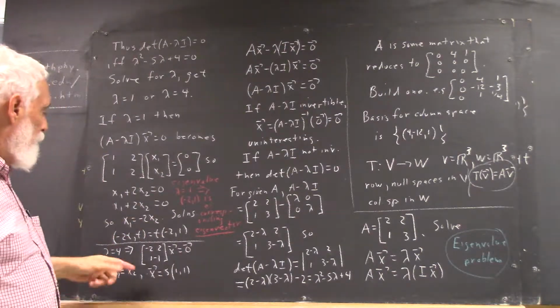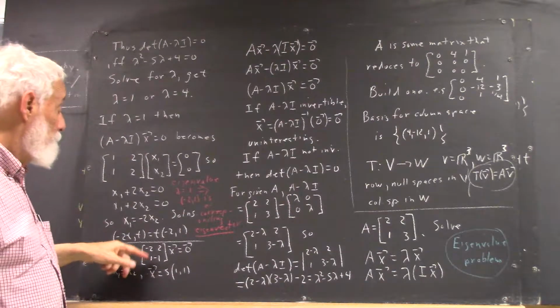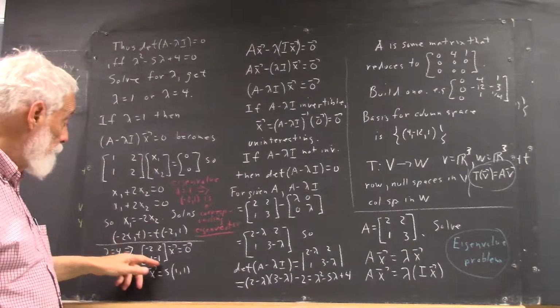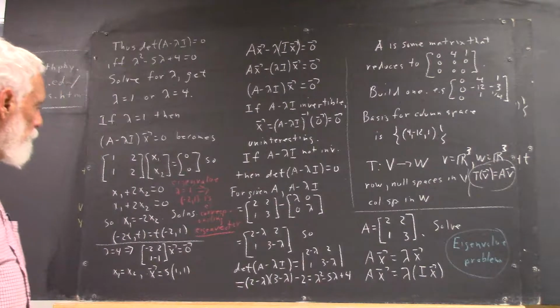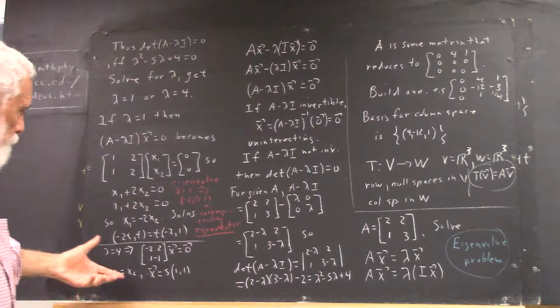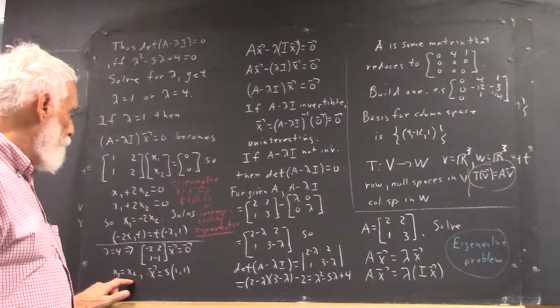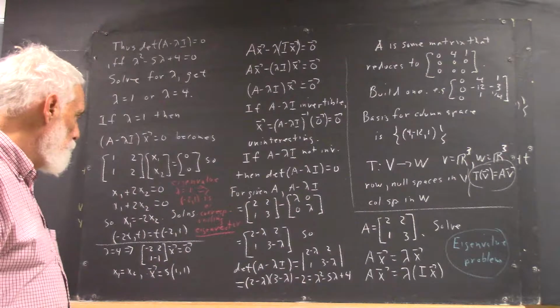The second equation is not identical to the first, but if you multiply the first row by negative 1/2, you get the second row, so the second equation is a multiple of the first. Either equation is going to give you a solution that you can find easily. x1 has to equal x2, so that x is s times 1, 1, some multiple of 1, 1.